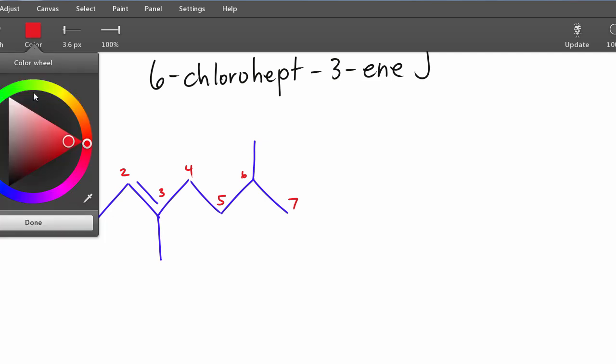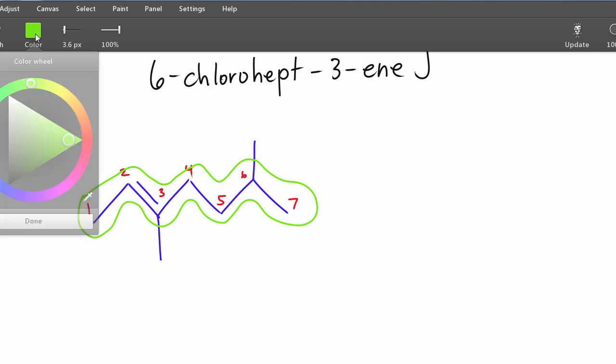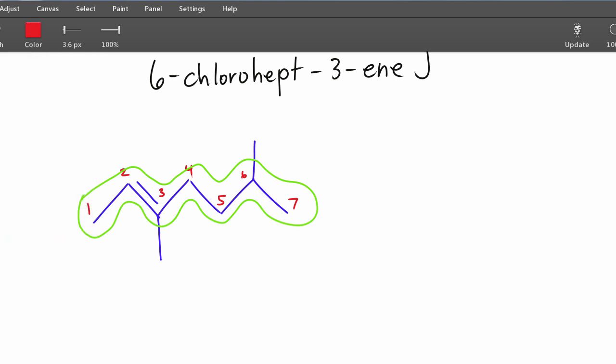Okay. So if I highlight this in green, that is your parent chain, and everything that comes off of that chain that's not in green is going to be your substituents. So I have a methyl group here and a methyl group here.